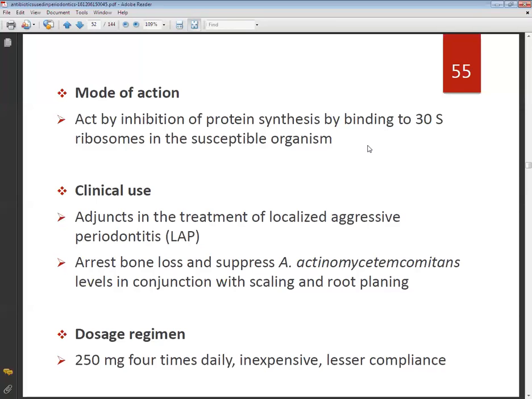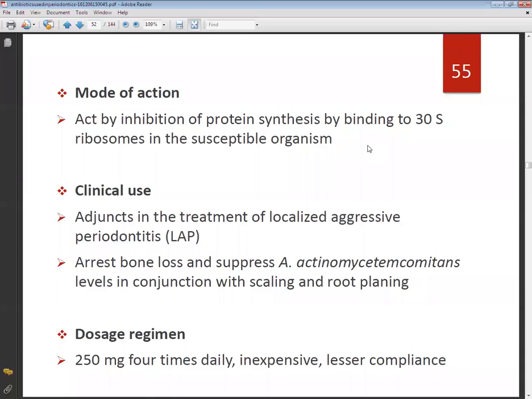What are the uses of tetracycline? One is as an adjunct in the treatment of localized aggressive periodontitis. It also arrests bone loss and suppresses the bacteria Actinobacillus actinomycetemcomitans. This drug is used in addition to non-surgical therapy, that is, after scaling and root planing, in the treatment of localized aggressive periodontitis.